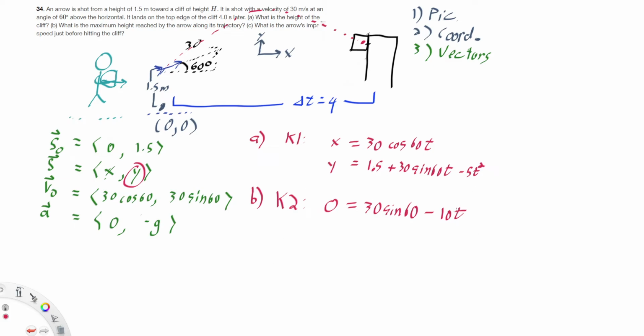This gives us the time for the height of the trajectory. And then once we have the time for the height of the trajectory, maybe we'll call this TB, because we're on part B, then our max height will be given by k1.